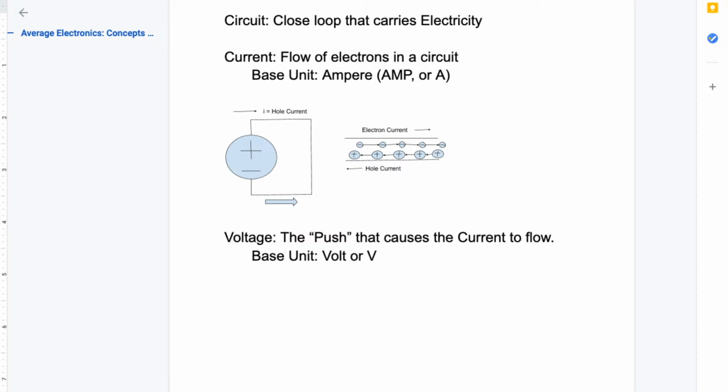So to expand on this, you can have a battery that is 1.4 volts and it has a current or an ampere of 50. That's not necessarily going to hurt you.